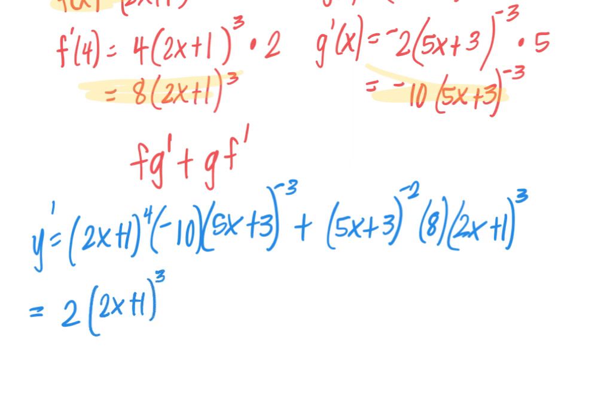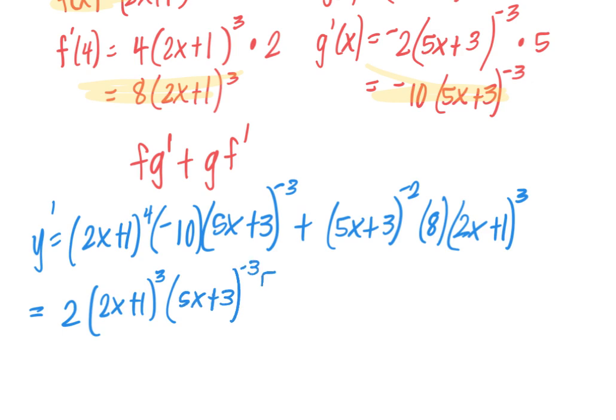The 5x plus 3 happens on both sides of the addition sign as well. One is to the negative 3 power, one's to the negative 2 power. Pull out the lowest power, and negative 3 happens to be less than negative 2.